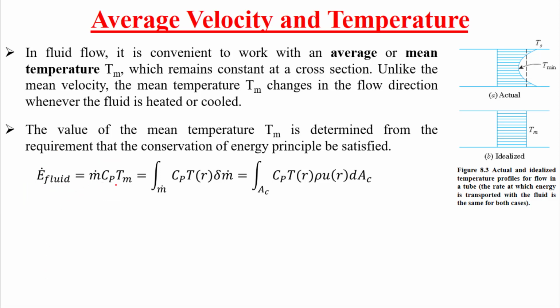Okay, so this is the general equation, but this energy is equal to the integration over m dot, with respect to m dot, Cp, T as a function of r. This is the temperature profile.